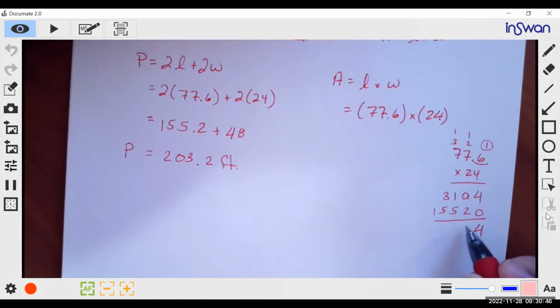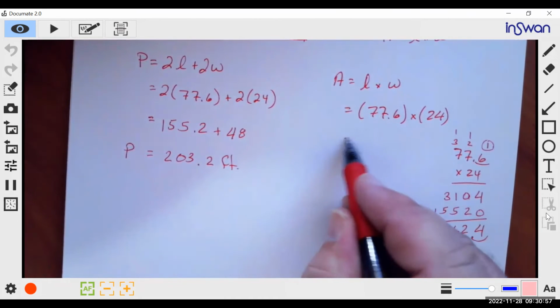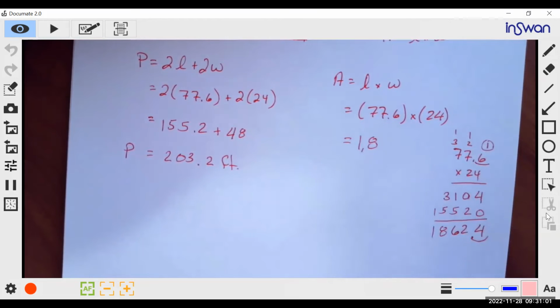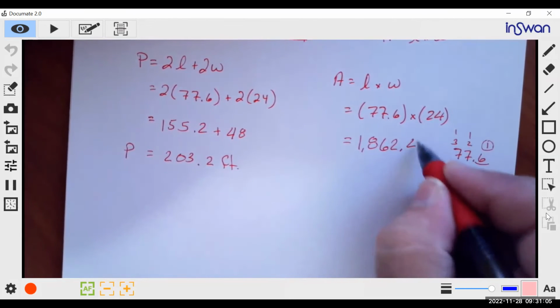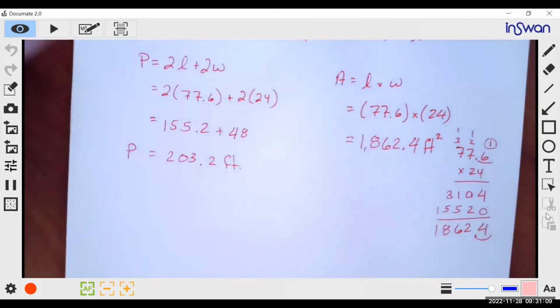Add the numbers. And put one decimal back. 1,862.4 feet squared.